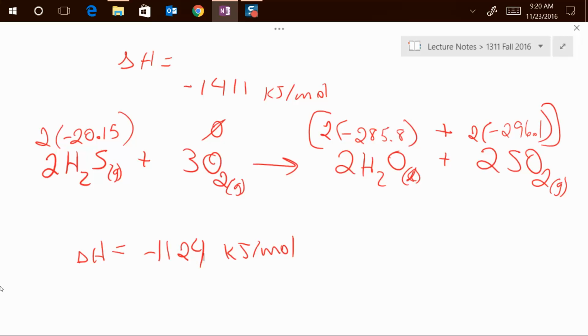So negative 1163.8 minus negative 40.3, which makes it a positive.